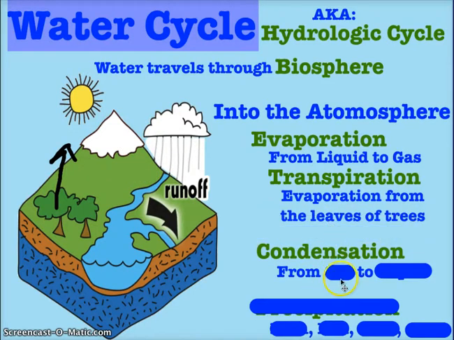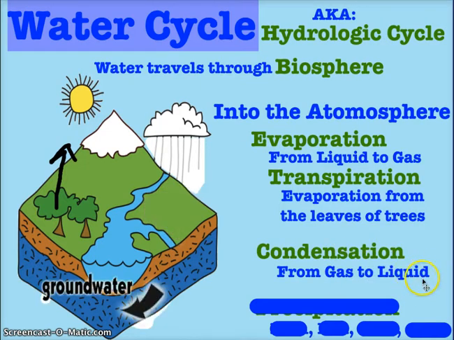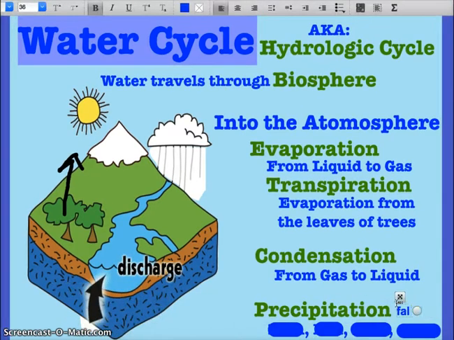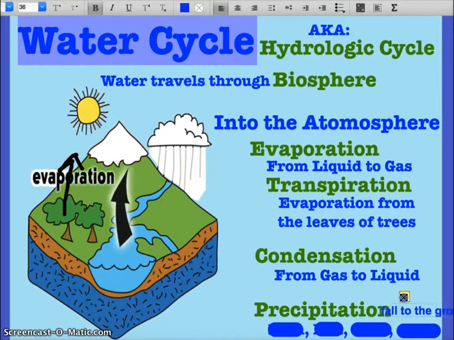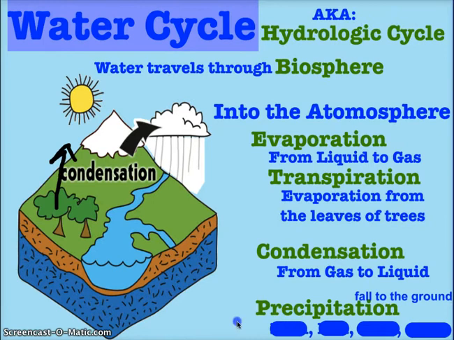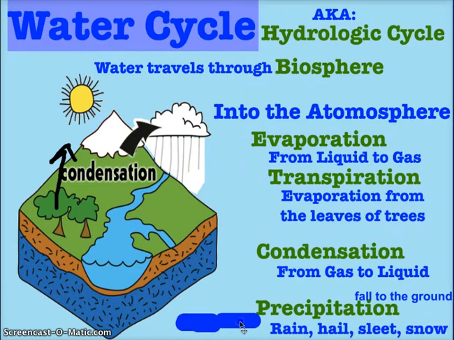And basically, that's when water goes from the state that it was in the atmosphere, which is gas, and turns back into liquid. Once the water is liquid, immediately water will fall to the ground. So precipitation, you could put fall to the ground. And when water falls to the ground, it falls as either rain, hail, sleet, or snow.